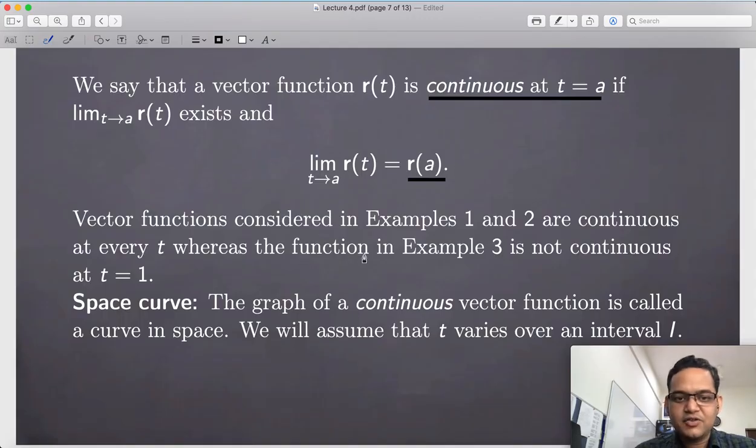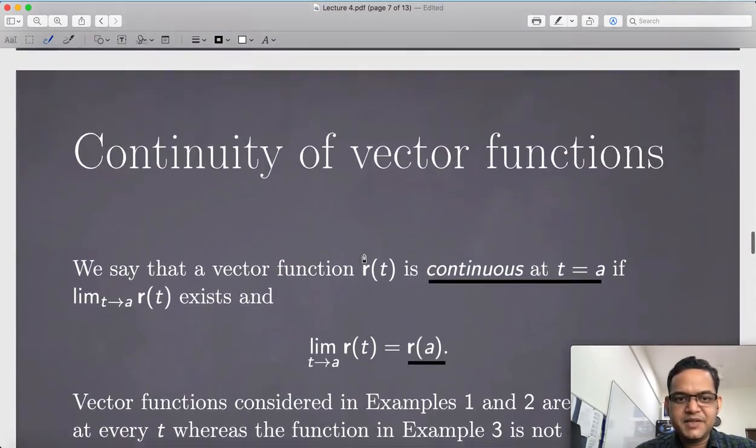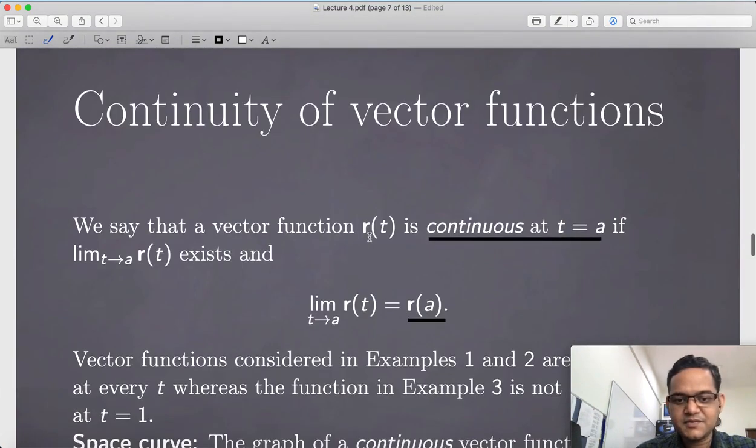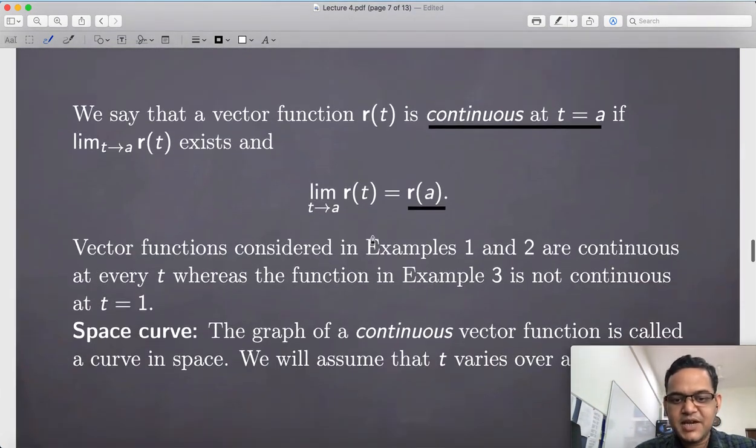Now if you go back to the previous slide and look at the problematic function over here, as t goes to 1, as we saw, this is going to give you plus infinity or minus infinity, so the limit does not exist. If you want to include this function in the examples of continuous or not continuous functions, we have to also define the value of r at 1.